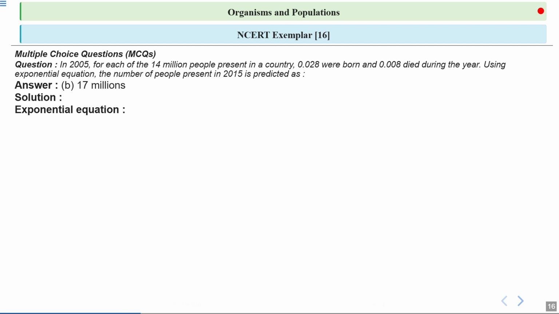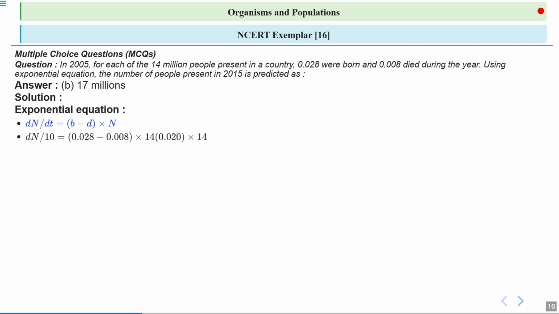Okay. Now let's recall the exponential equation used to model the population growth. So this equation helps us predict how a population will change when we know the birth and the death rate. Okay, so this is the equation. dN by dt is equal to (b minus d) into N. Here, if we put in the values, the birth rate is 0.028, death rate is 0.008, and the population is 14 million.